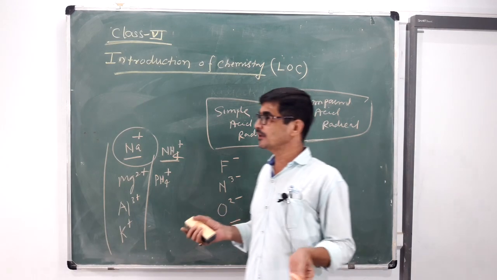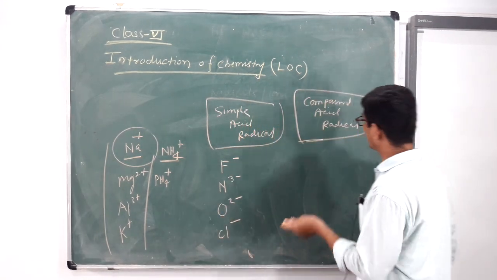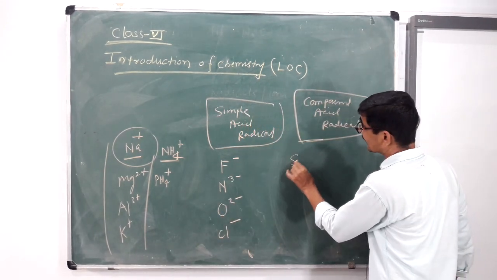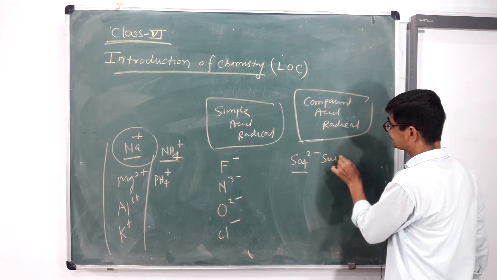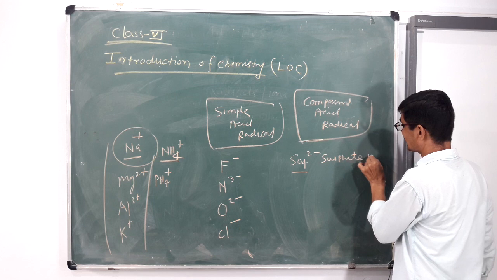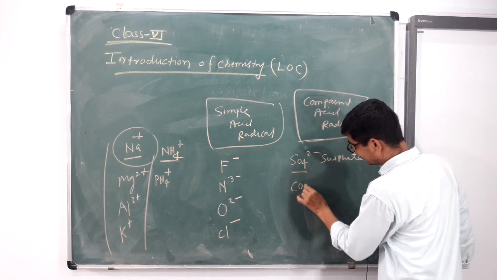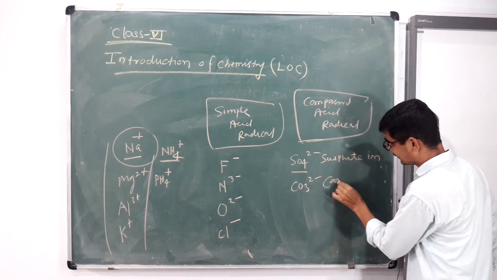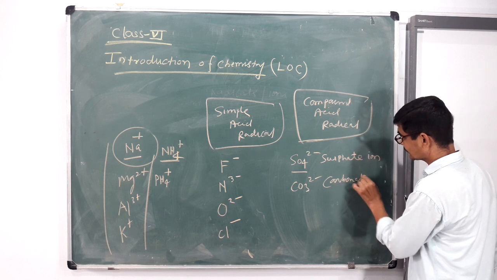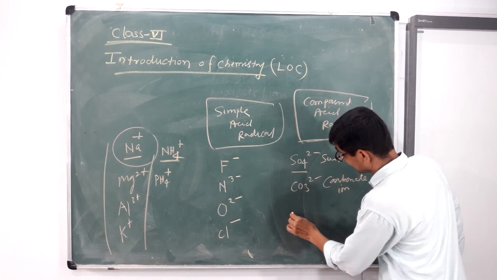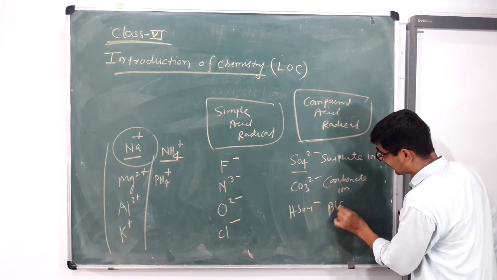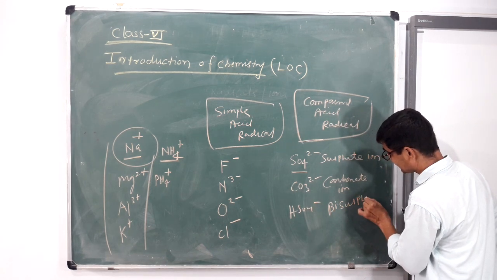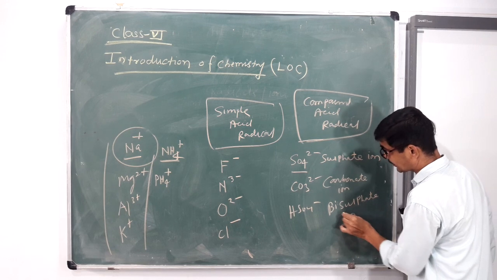A group of atom carrying negative charge is called compound acid radical, such as SO4 2 minus, sulfate ion, CO3 2 minus, carbonate ion, HSO4 minus, bisulfate ion, or it is also called hydrogen sulfate ion.